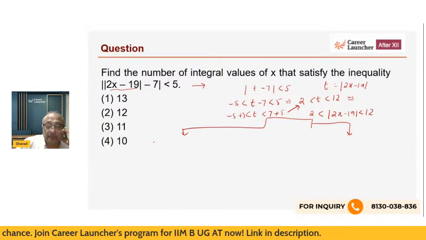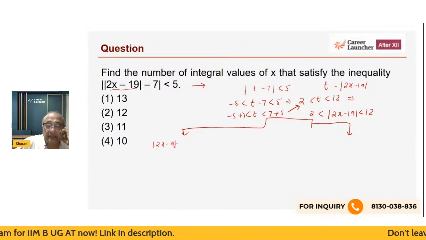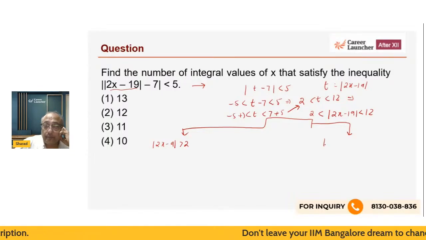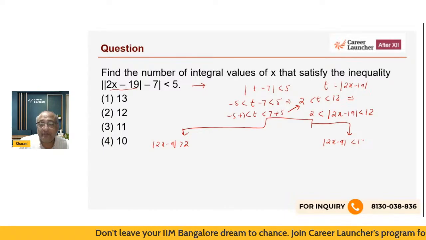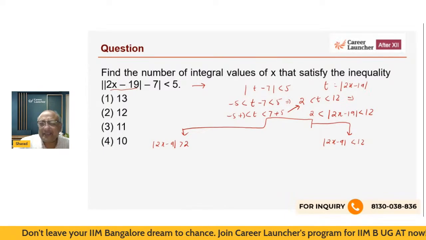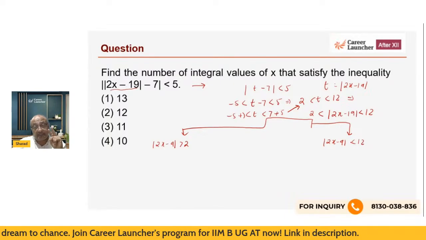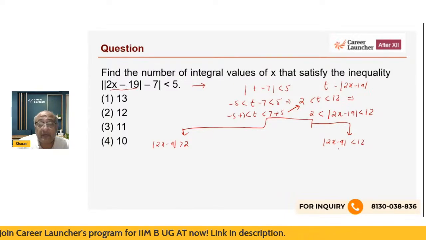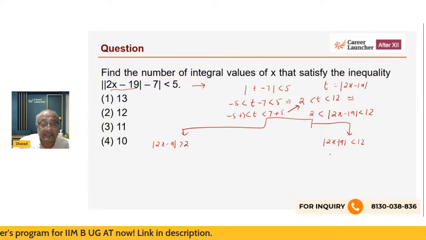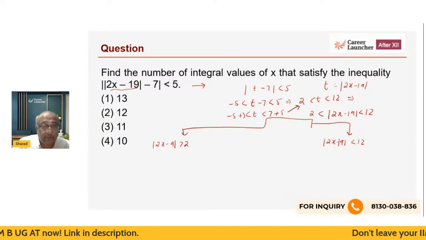Let us solve the first part, which is 2x minus 9 is greater than 2. And here mod of 2x minus 9 is less than 2. Slightly complex, but it is 2 minutes per question, so you might sometimes get a slight bit of complexity or a lengthier kind of question.